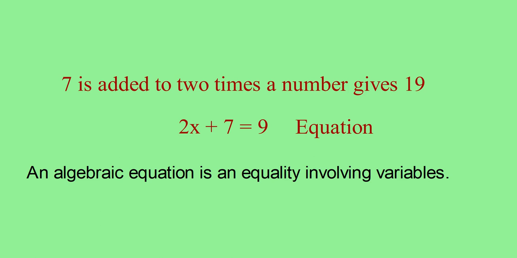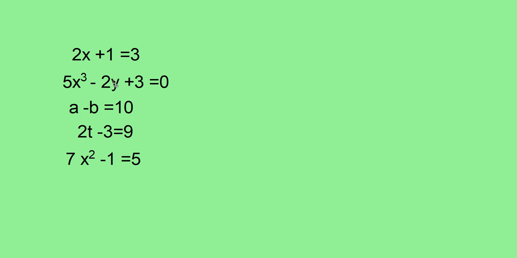Now let us take some examples of equations. Here you have some equations: 2x plus 1 is equal to 3, 5x cube minus 2y plus 3 is equal to 0, a minus b is equal to 10, 2t minus 3 is equal to 9, 7x square minus 1 is equal to 5. Here in the second equation, 5x cube minus 2y plus 3, what are the variables? x and y.